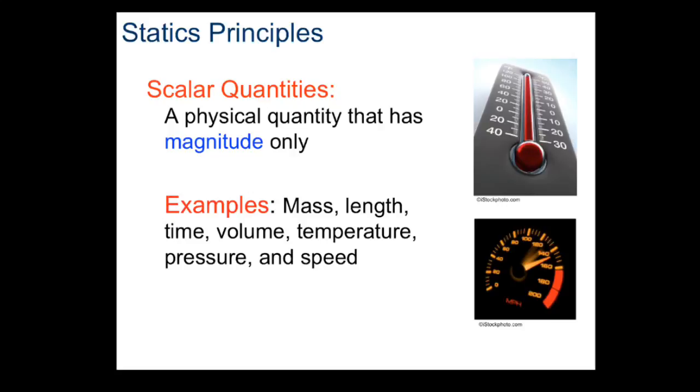It's a physical quantity that has a magnitude only, as opposed to a magnitude and a direction. Examples would be mass, length, time, volume, temperature, pressure, and speed. All of those are without a direction. Speed could have a direction, but then it would be called velocity. So you can think of scalar quantities as just amounts.